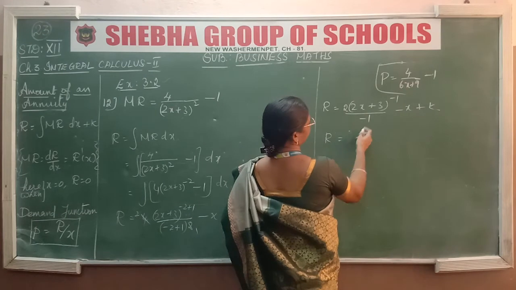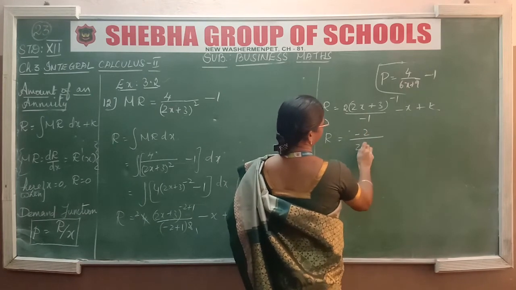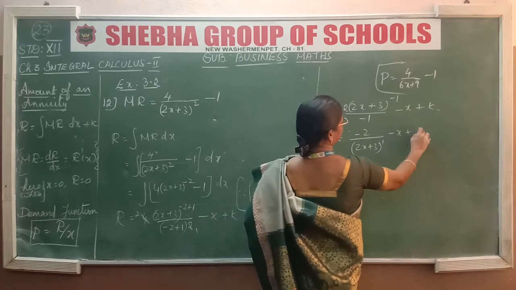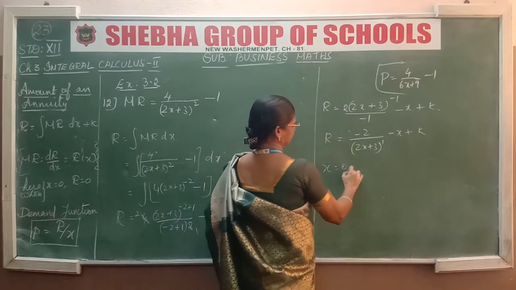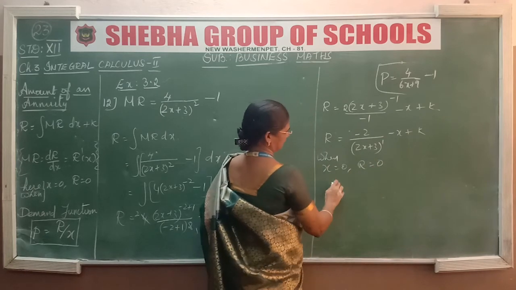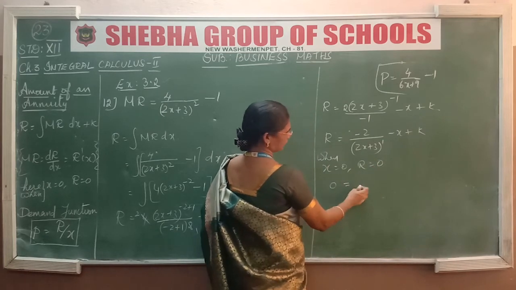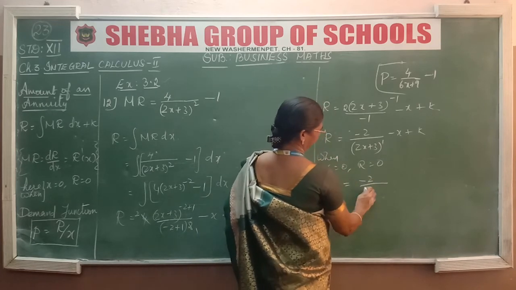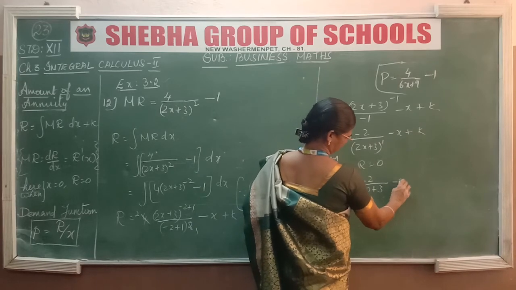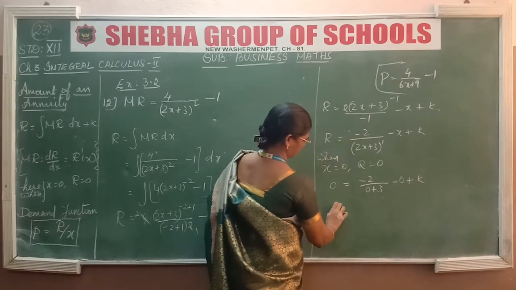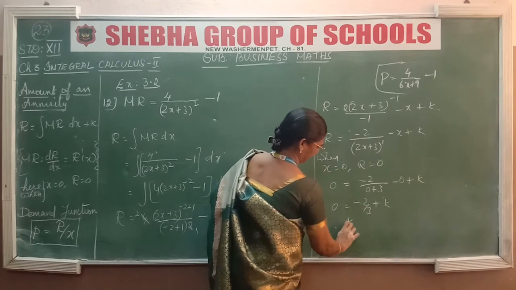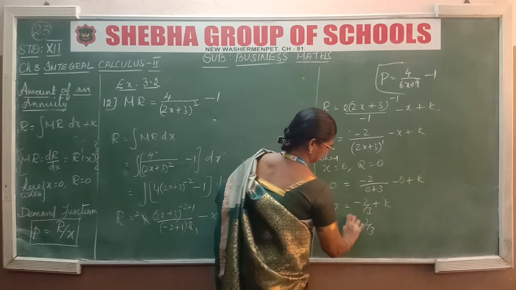So R is equal to minus 2 by (2x plus 3) whole power plus 1, minus x plus k. Now using x is equal to 0 and R becomes 0, we get 0 is equal to minus 2 by (2 into 0 plus 3) minus 0 plus k. So 0 is equal to minus 2 by 3 plus k. Therefore our k value is plus 2 by 3, isn't it?